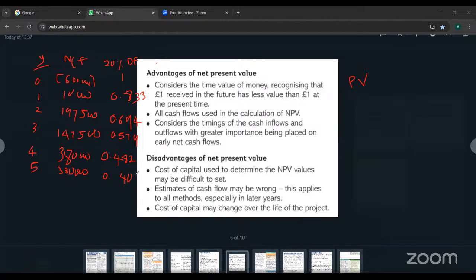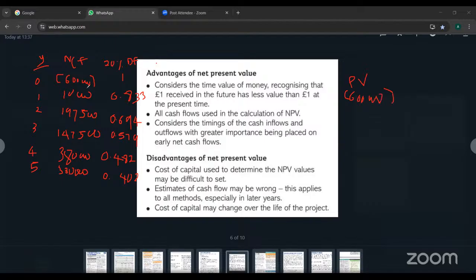Now it's very easy. What you need to do is to find the present value. PV means present value, and NCF means net cash flow. Under net present value, it's difficult only to find the net cash flow. To find present value, it's easy because you just multiply net cash flow and the discount factor. Year 0: minus 600,000 into 1 is minus 600,000, so under year 0 you put minus 600,000 as present value.